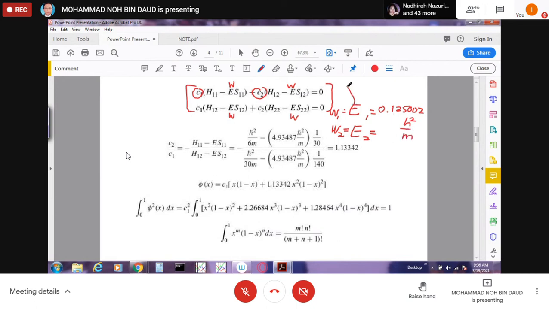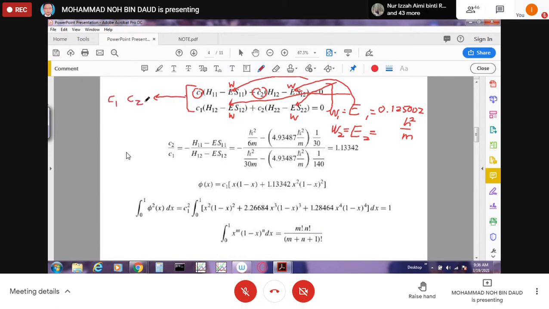We substitute into this equation, this simultaneous equation, one of this approximate energy. When we substitute into this equation, of course, we'll get this C1 and C2.